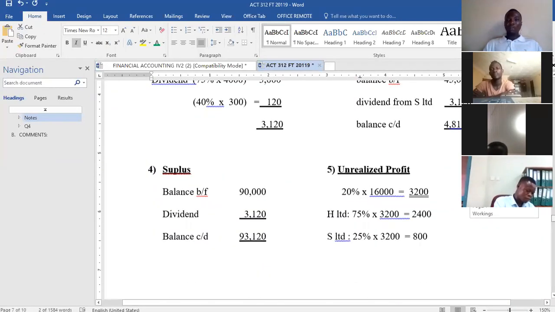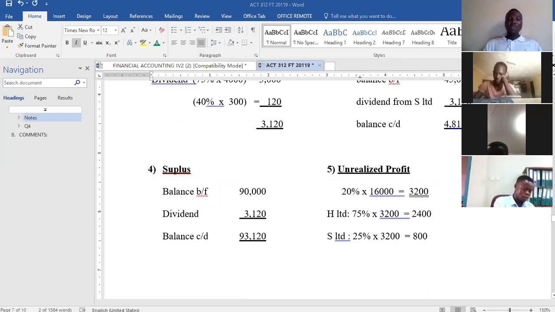That is basically what I was trying to say. So look at the question. The question was telling us that the subsidiary sold items to the holding company totaling 80,000 during the year. But the holding company managed to sell, leaving only 16,000.